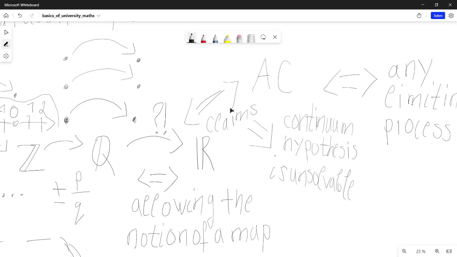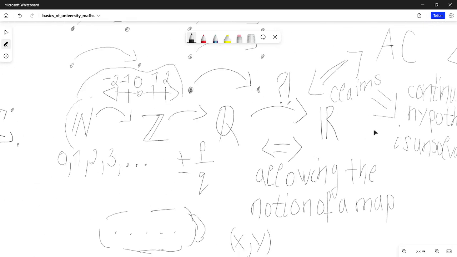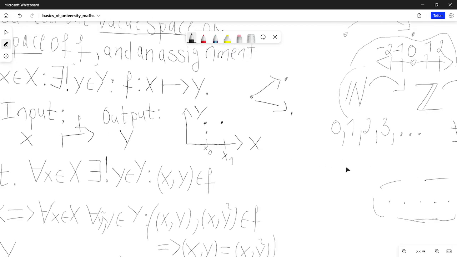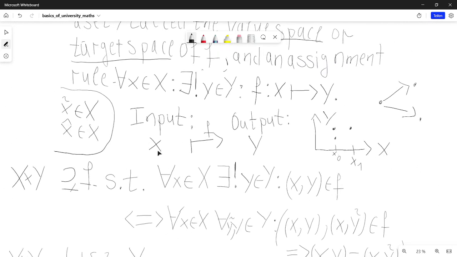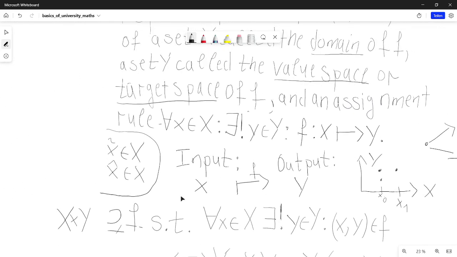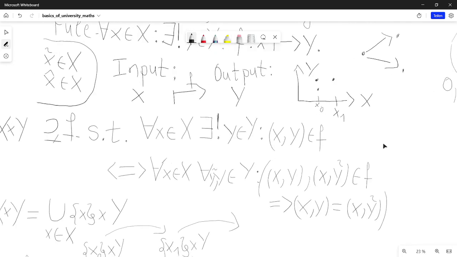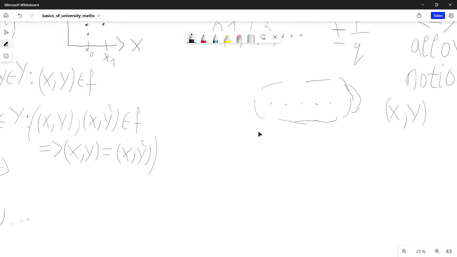But okay, that's the beauty that I wanted to show you: that a map is already something highly non-trivial, and that we are able to state it in such a comparably trivial fashion is amazing. That's fascinating.